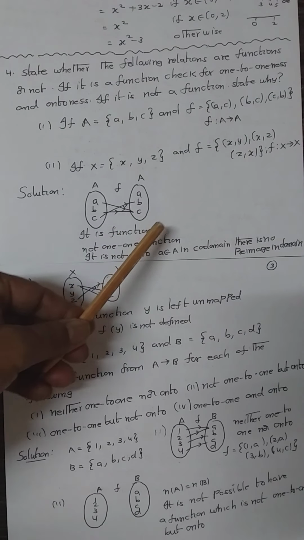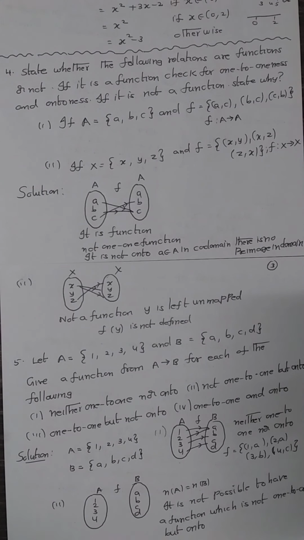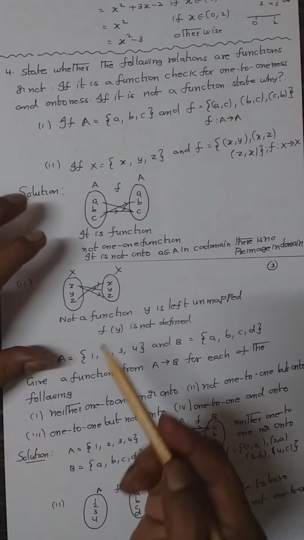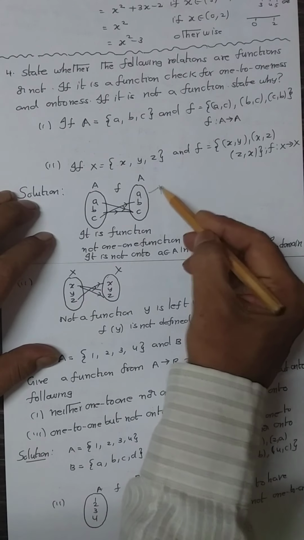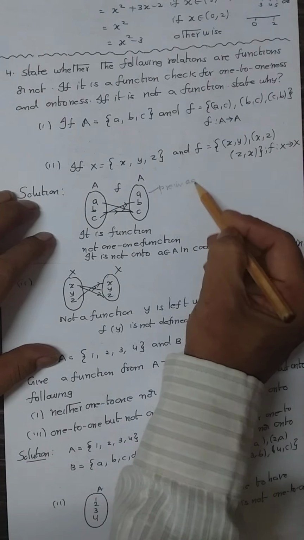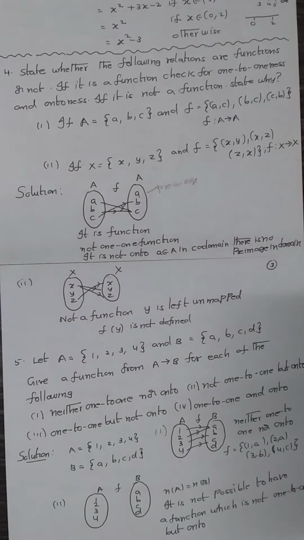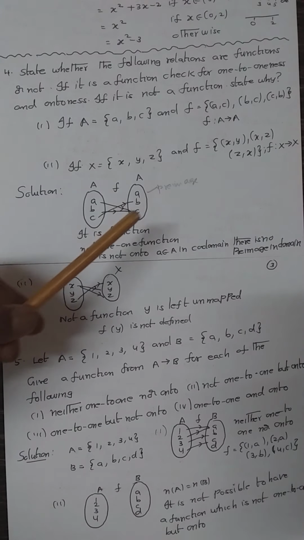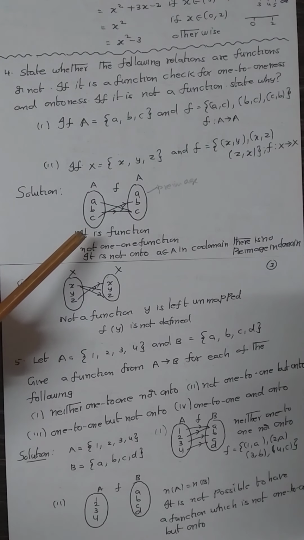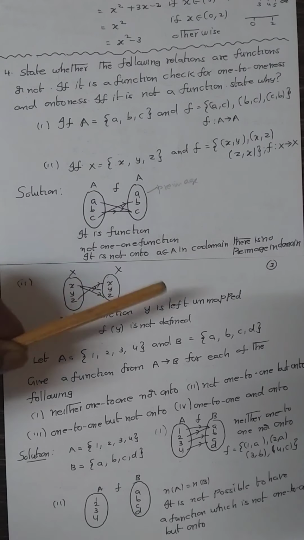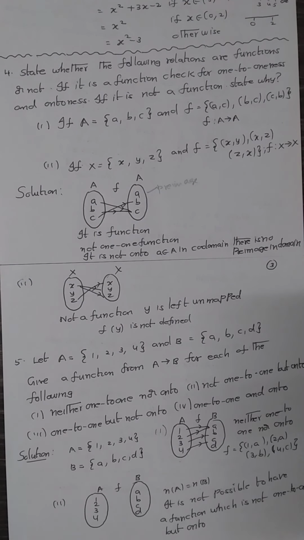Element a present in the codomain, there is no pre-image in the domain. So for this element we don't have a pre-image. Since that element present in set A in the codomain, you should mention domain or codomain properly, because this is the codomain set, this is the domain set. So it is not onto, because the element a belongs to this set in the codomain, there is no pre-image in the domain, so it is not onto.